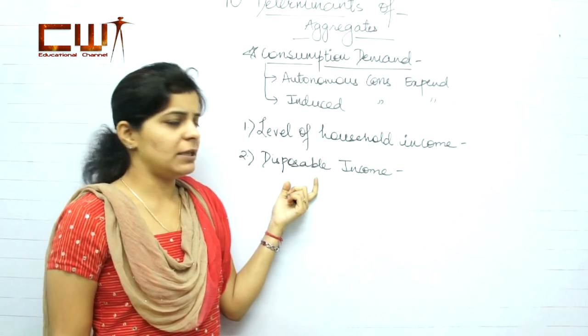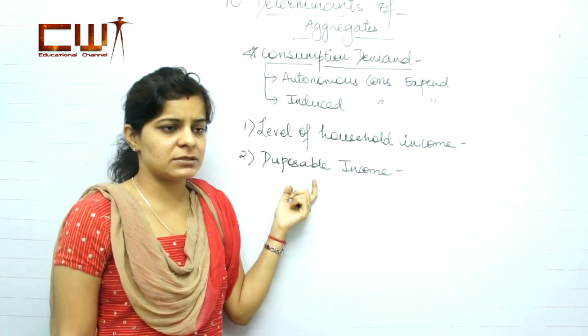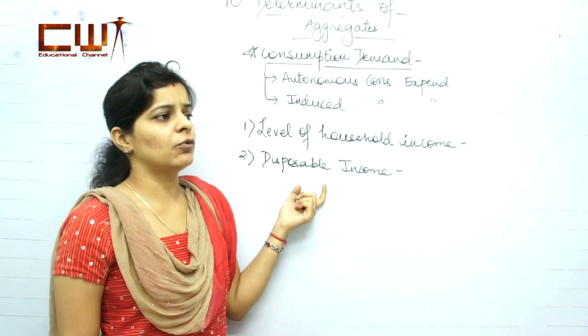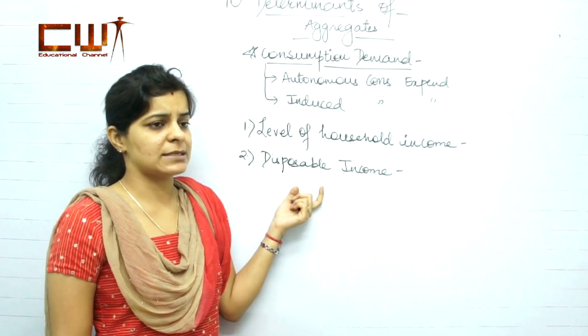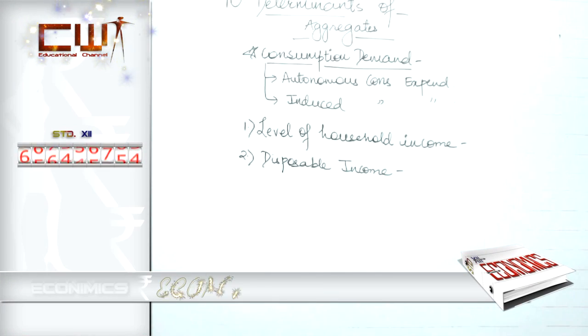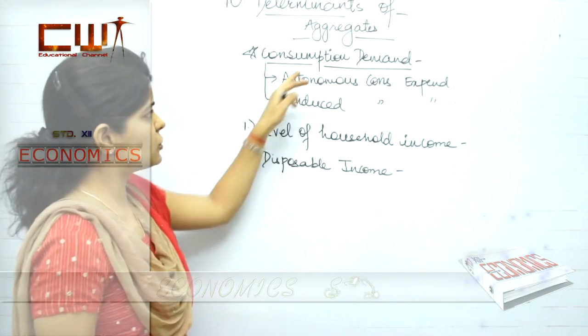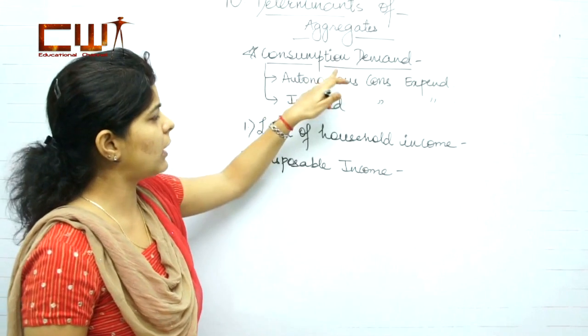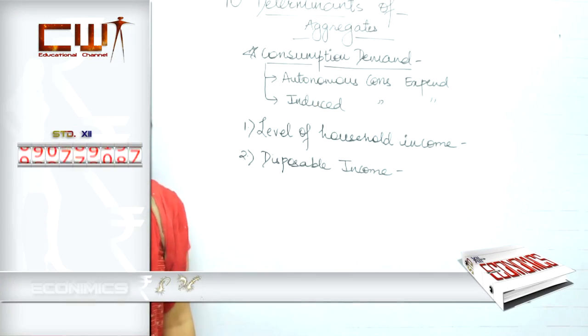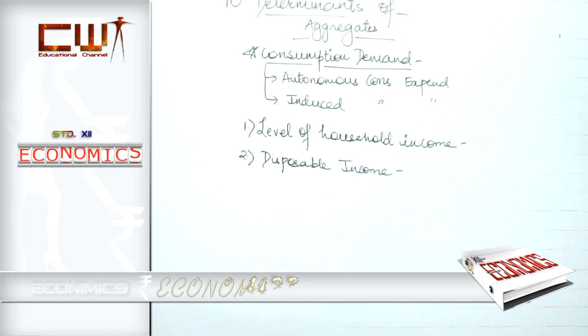Whatever income is left for the consumers to spend on consumption after paying the taxes, the bills and the other necessities, that is known as the disposable income. You cannot spend your entire gross income on the purchase of consumer products, because you have to pay taxes and other things.